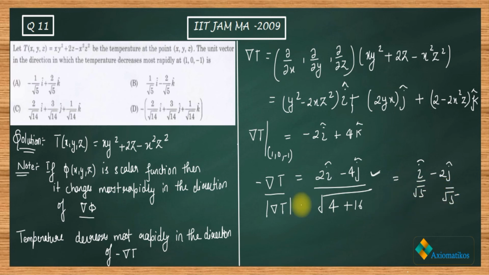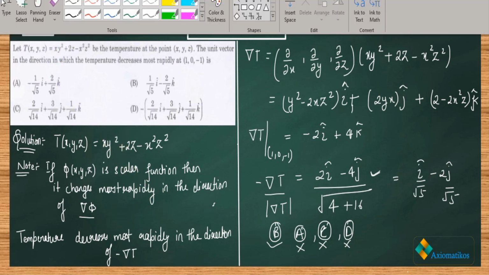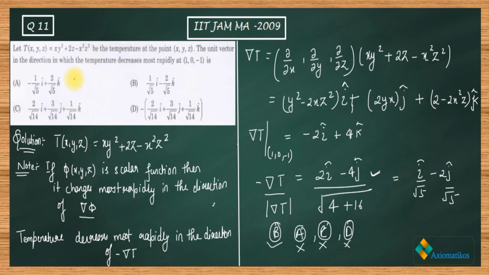That means option B is correct. A, C and D are the incorrect options. So now let me change the color and mark them: incorrect, correct, incorrect, incorrect. Okay, so thank you.